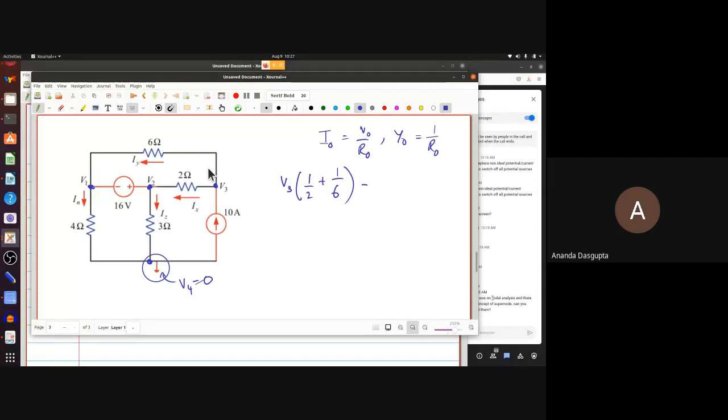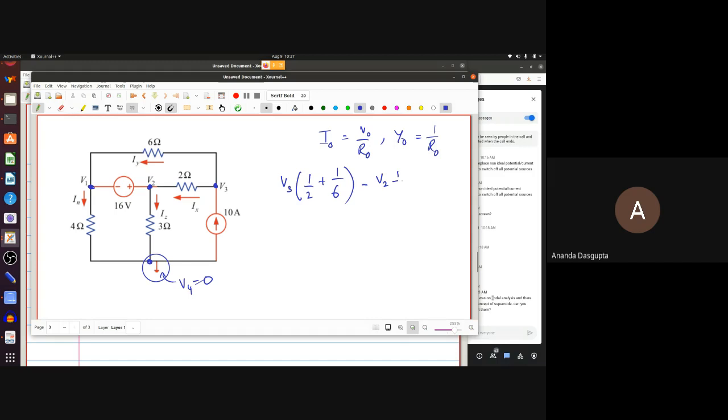Frankly, most people get Ohm's law wrong sometime in their life or the other. It's a very simple law, but almost certainly everybody has got it wrong sometime, simply because they keep on forgetting that Ohm's law is voltage difference by resistance, not voltage by resistance. The current flowing out through this wire is not V3 by 2, it's V3 minus V2 by 2. Similarly, this one is V3 minus V1 by 6, but that's easily taken into account in the procedure.